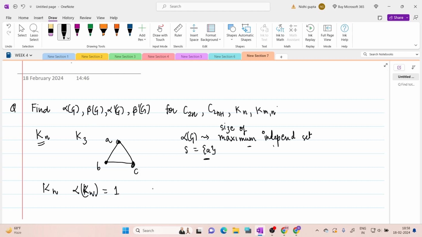So what about beta g? Alpha g was the max independent set. Beta g is the minimum vertex cover.